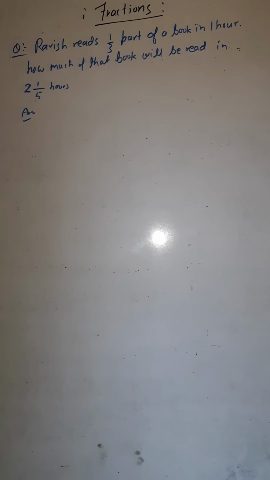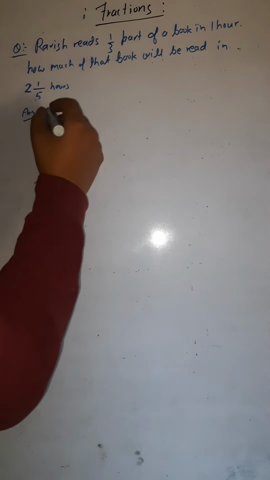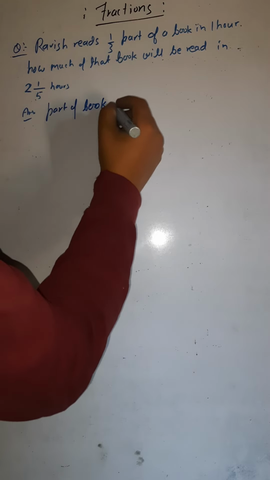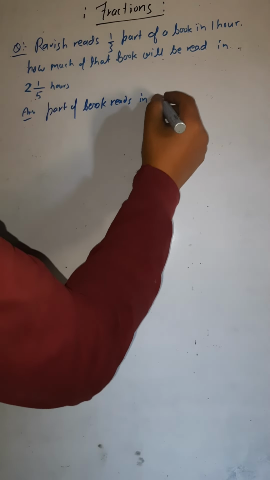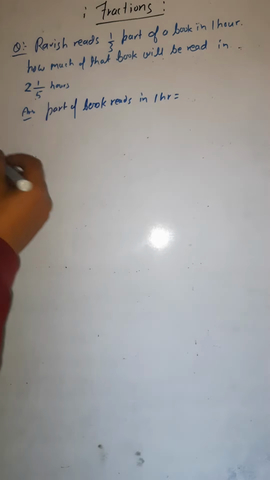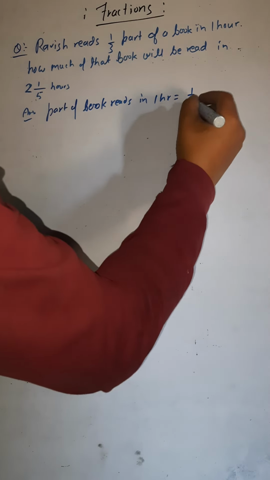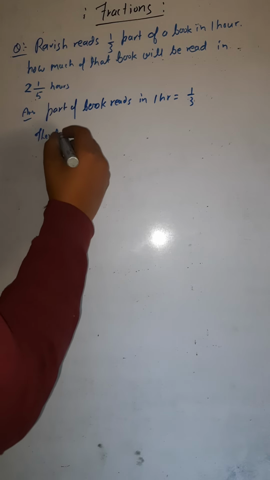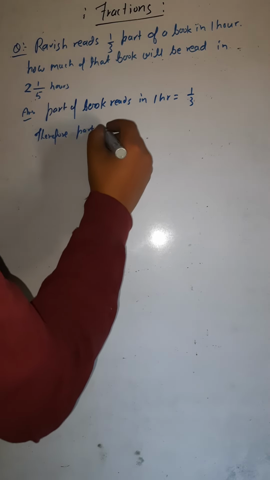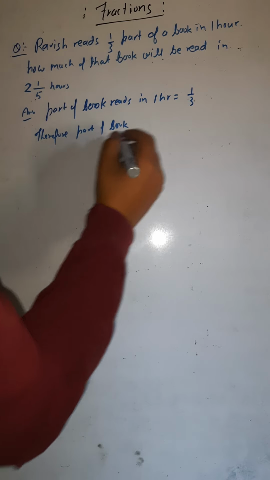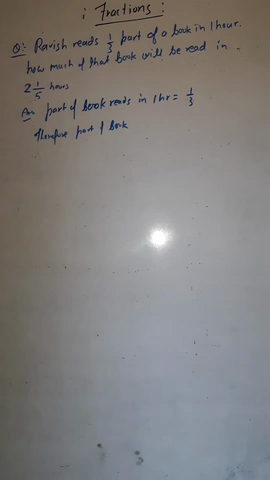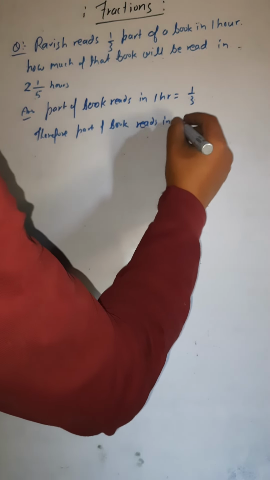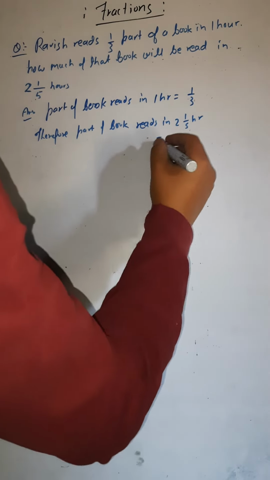Okay. So you would write it like this: part of book reads in 1 hour. How many parts? 1/3 parts. So therefore, part of book reads in 2 whole 1/5 hour equals to, what would you do?